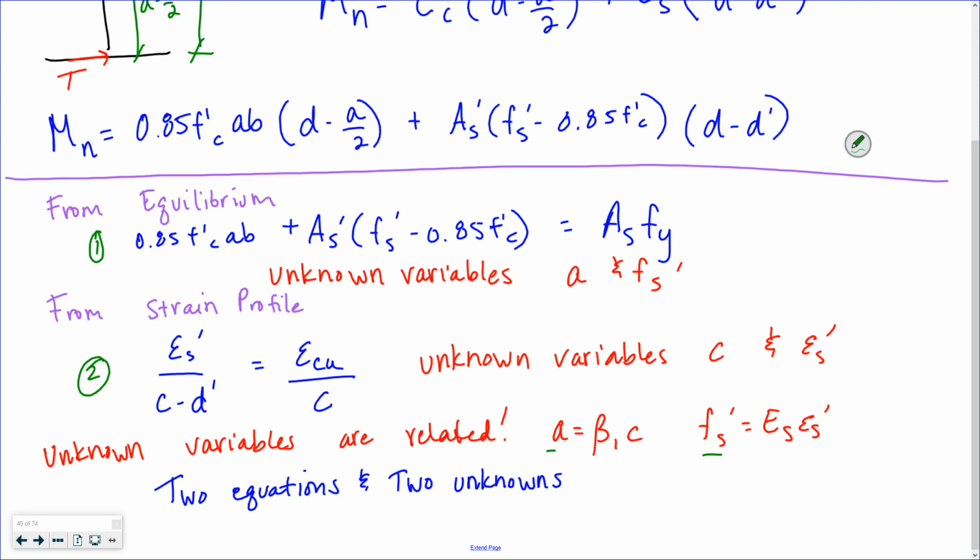So if you followed along to the example from the other day, you know that I could just solve for one of these. Like in the strain profile, I could solve for epsilon s prime, put it into the equilibrium equation, you'd end up with a quadratic equation. Solve using the quadratic formula.